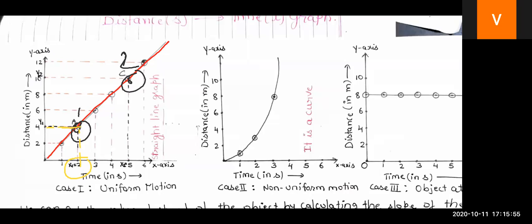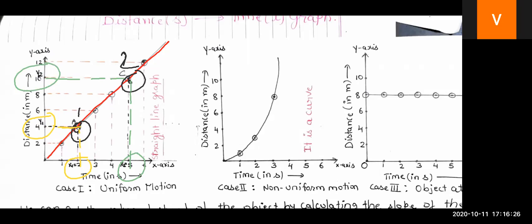And here on the y-axis, it will give me the value of y1. Similarly, children, from point 2, I am drawing a dotted line on the x-axis. So it gives me the value of x2, that is 5 seconds. And from the same point 2, I am drawing a dotted line on the y-axis, which gives me the value of y2.